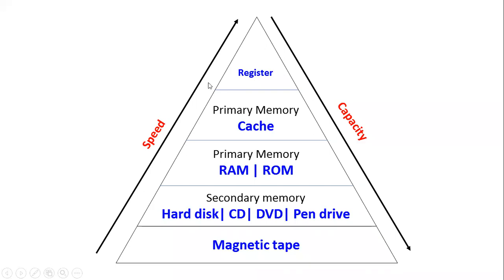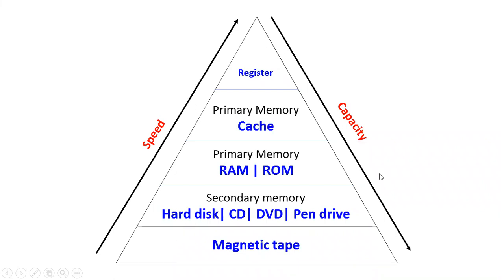That means when you go from lowest to highest through this triangle, the speed of each memory is increasing. If the arrow direction is upward, then the speed of the memory types is increasing.